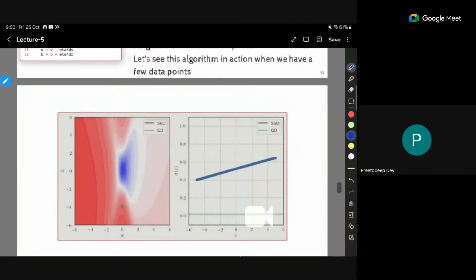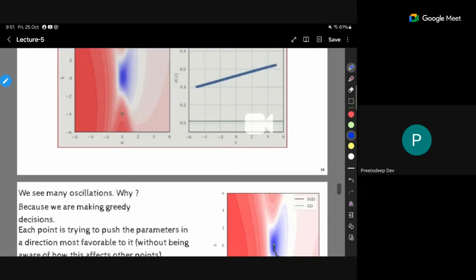Stochastic is we take each point and then update the weights. And in mini batch, we take some points, like 100 points or 1000 points out of, let's say, 10,000 points I have. If I take 1000 points only and do the weight updation, that is mini batch. Full batch is the complete thing, the vanilla gradient descent, right?